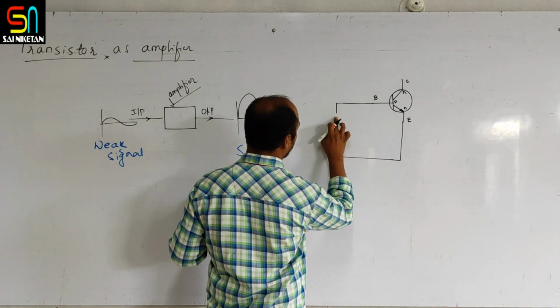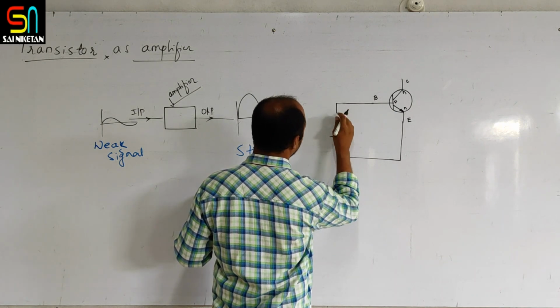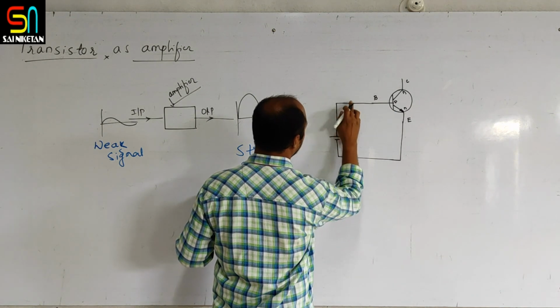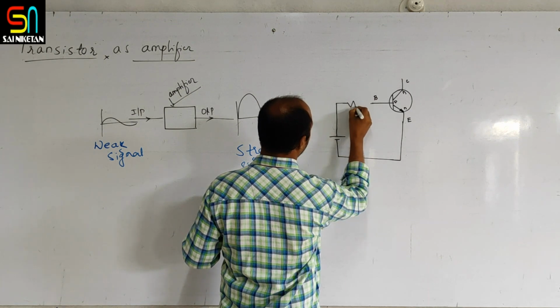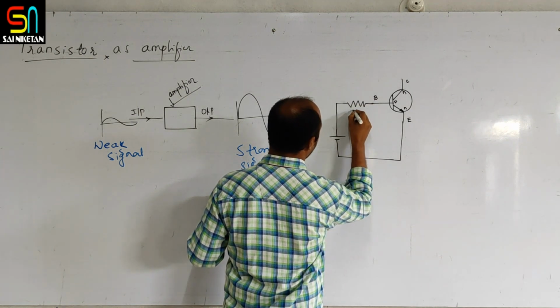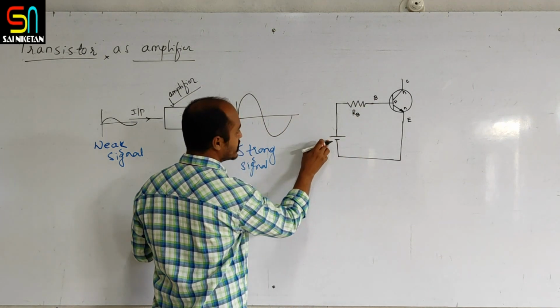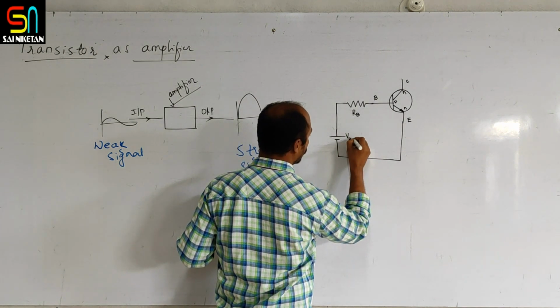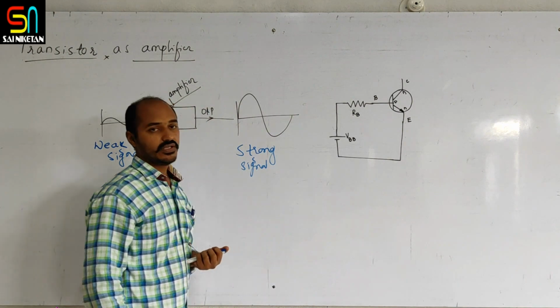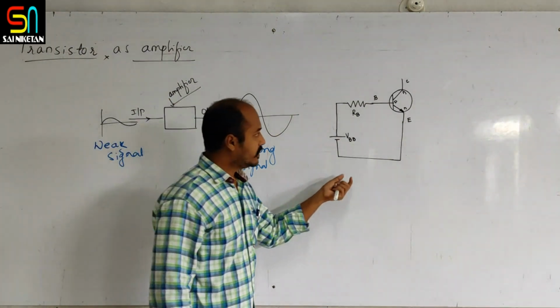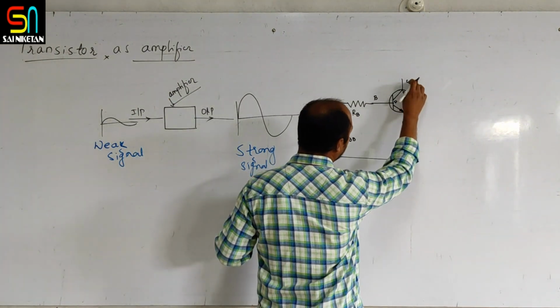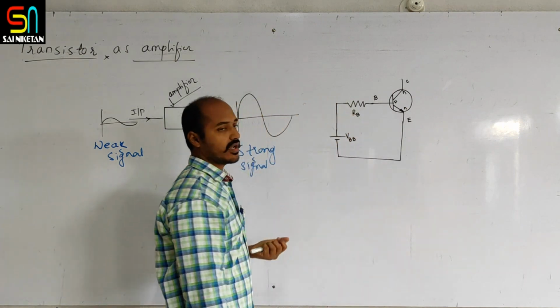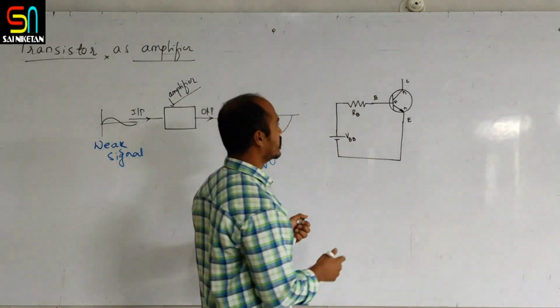I'm connecting it here. This resistor is RB, and the voltage supplied to the base emitter junction is called VBB. And here the collector emitter junction must be in reverse bias condition.